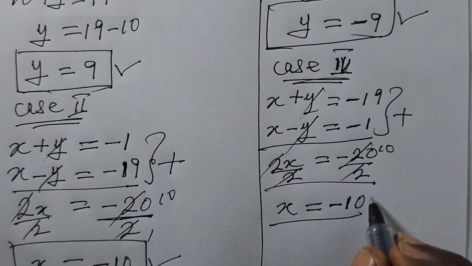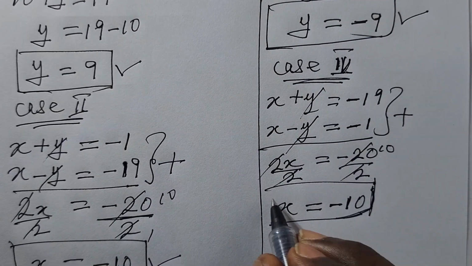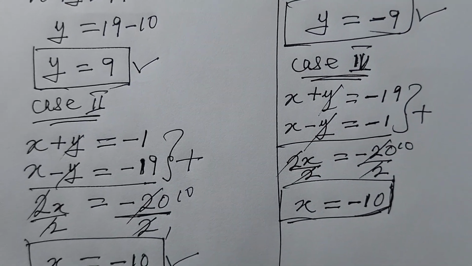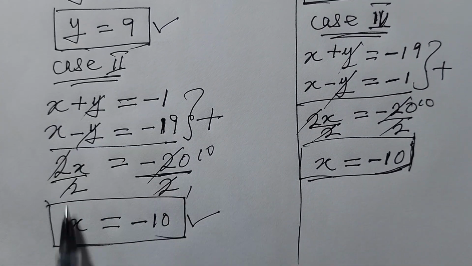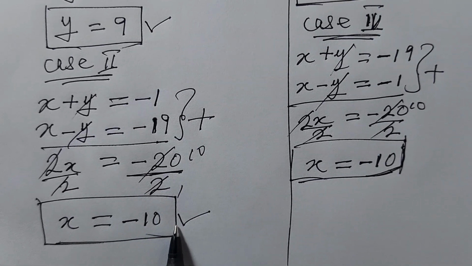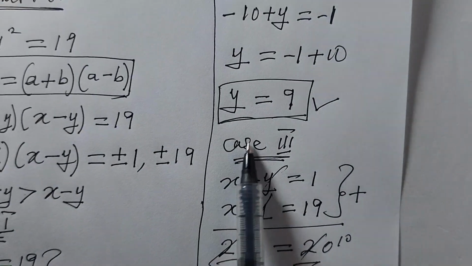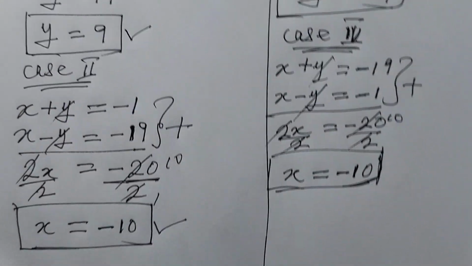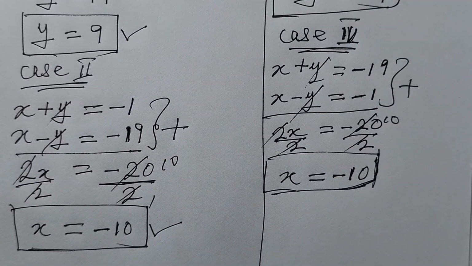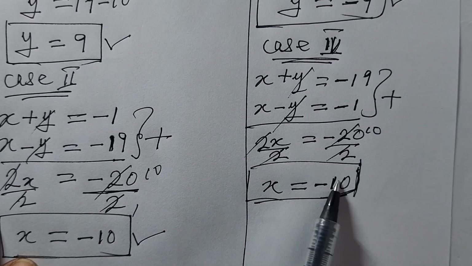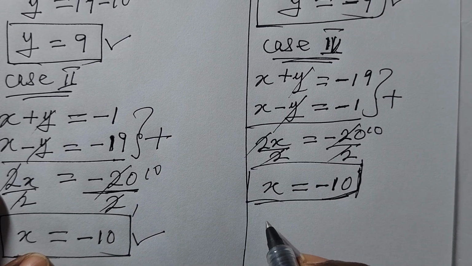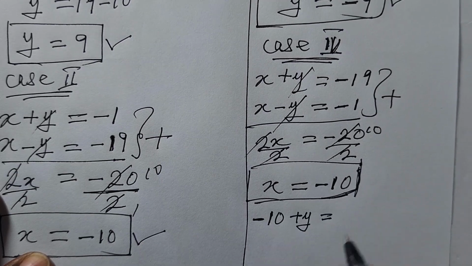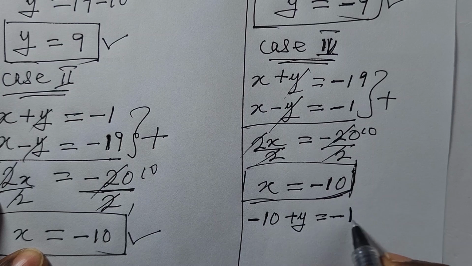Have we solved for any of the pairs where x is equal to minus 10? Yes. In our case 2, we have x equal to minus 10, but the y value for case 2 is positive 9. So let's solve for y in case 4. If we substitute, we get minus 10 plus y equal to minus 19.